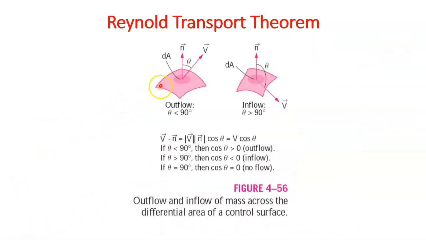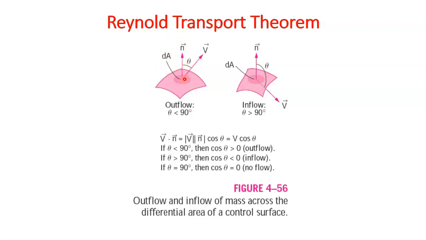Now let us consider the infinitesimal small area dA on the outflow surface, wherein n bar represents a normal vector. Later on I am going to use this as n cap, that is a unit vector perpendicular to this surface area.